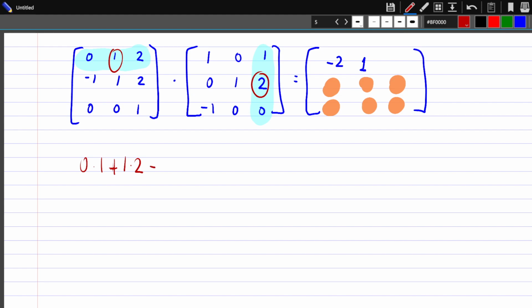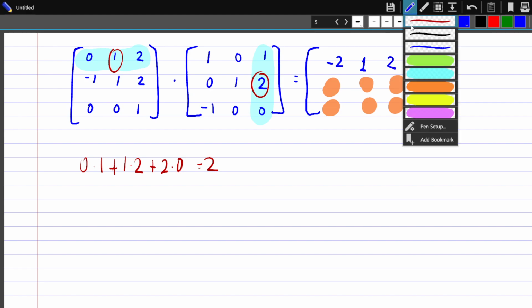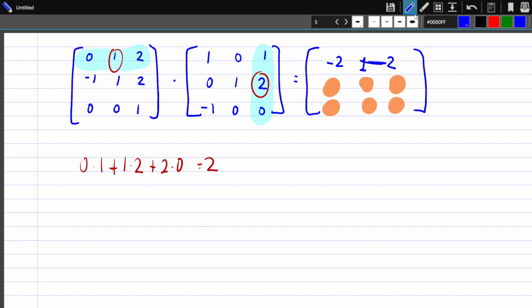Do you see what I'm showing you? Equals 2. So here, let me write them a little better. Minus 2, 1, 2. So in the same old-fashioned way, we will be doing the remaining orange dots.